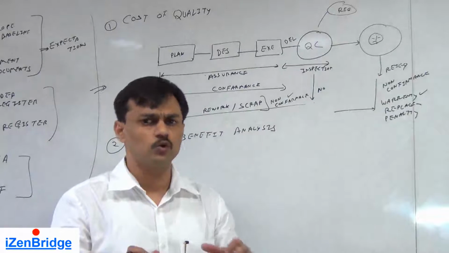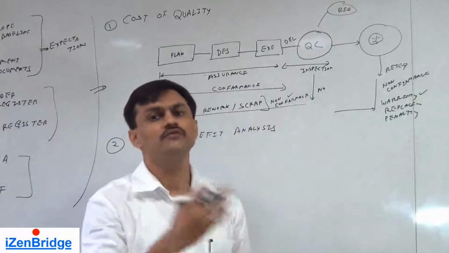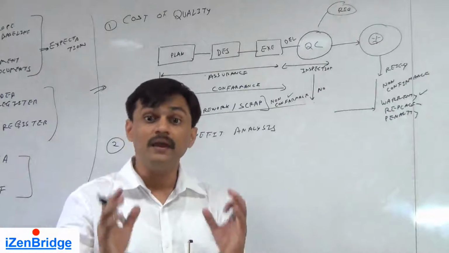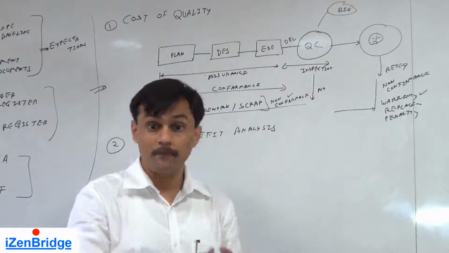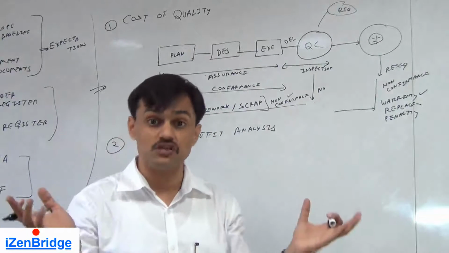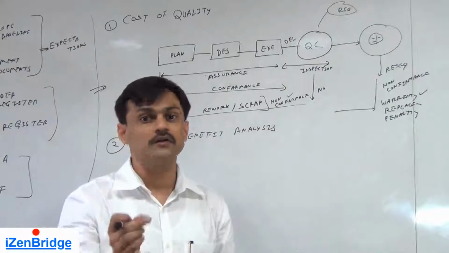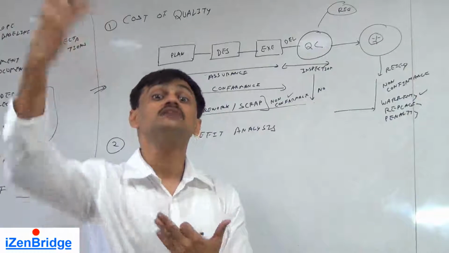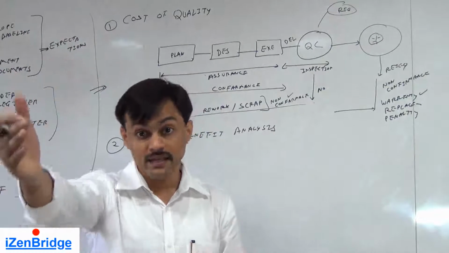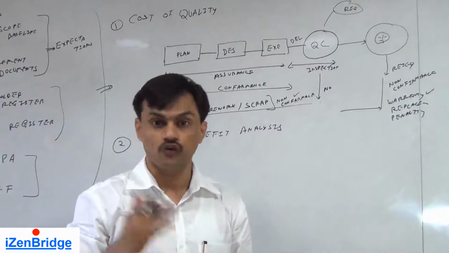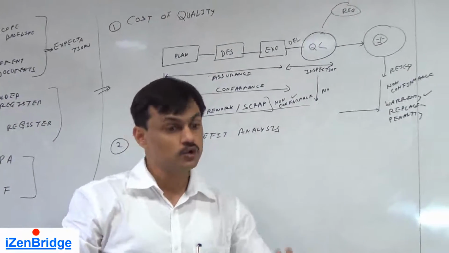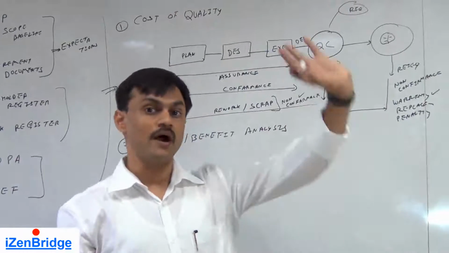The customer can expect that there could be a few bugs, he can report and you can fix them. But if you are making a mission critical website, a banking website or a stock exchange website, one non-conformance can spoil your customer's business and he may charge you a big penalty for that. So in that case, your non-conformance cost goes very high.